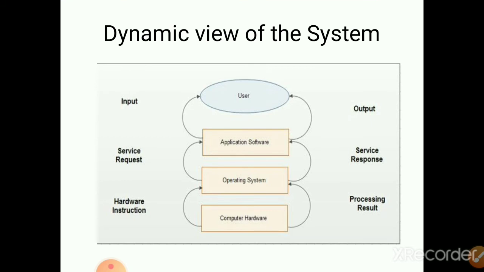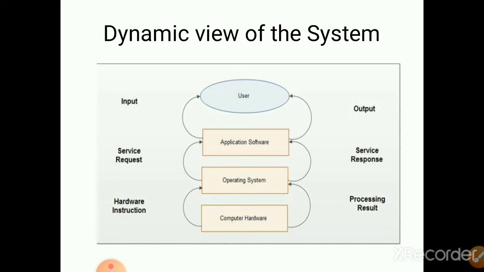Next we'll see the dynamic view of a system. Here the operating system directly interacts with the computer hardware, and it controls the use of the hardware among different application programs. The user directly interacts with application software, like MS Word, and submits a request. This is an input from the user.